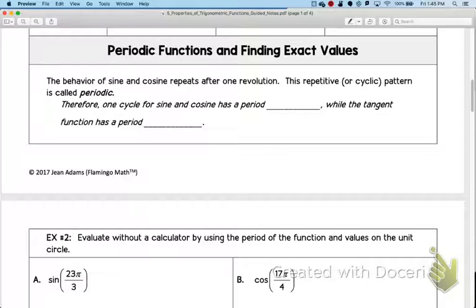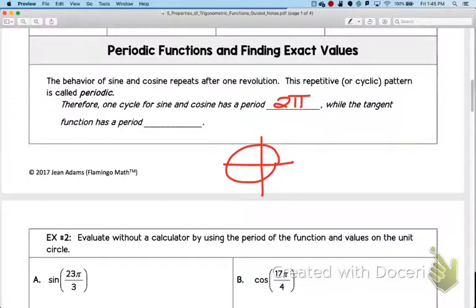Okay, so periodic functions. The behavior of the sine and cosine repeats after one revolution. This repetitive or cyclical pattern is called periodic. Therefore, sine and cosine have a period of 2 pi, if we're talking in the mode of radians.